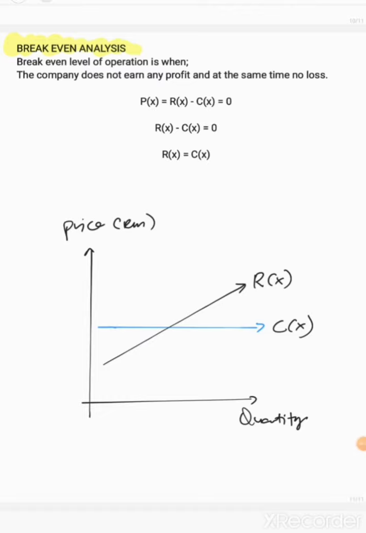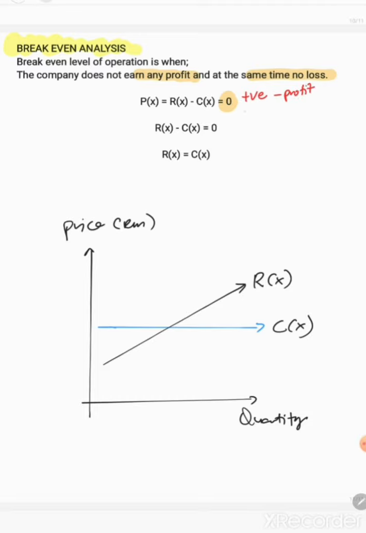Okay, this is point number 4, break-even analysis. Okay, break-even level of operation is when the company does not earn any profit or at the same time no loss. Okay, but from the formula itself, for the profit we have R minus C equal to 0. So why 0? Because the seller doesn't earn any profit, and let's say if we deduct the cost, we get a positive value, means that this is, we call it as profit lah.